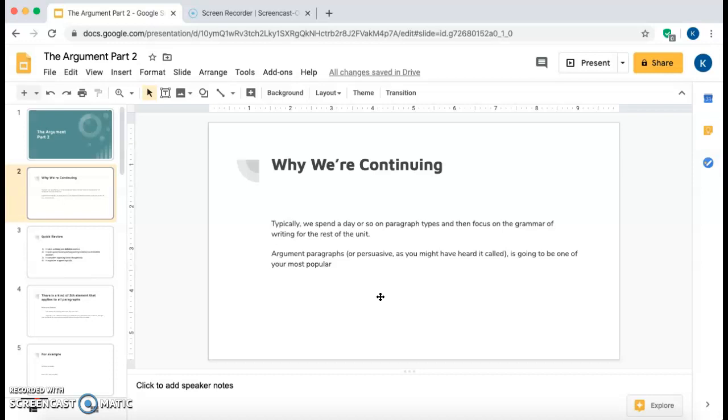And most of the papers that you write in that class will be these kinds of argument paragraphs or persuasive paragraphs, telling you to prove a point or prove a particular thought process that you have about, say, a letter or a short story or a novel that you've read in class. Some sort of research paper-esque writing is a type of argument. And we'll look at a couple of examples of that, just like we did in the first series. We'll look at a couple of examples of what that might look like for your future classrooms.